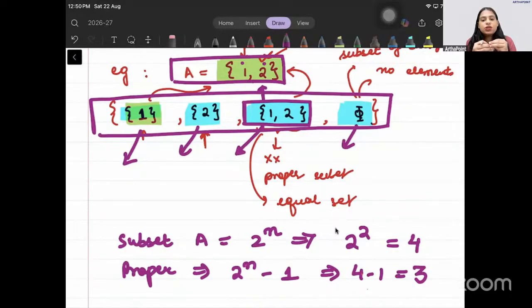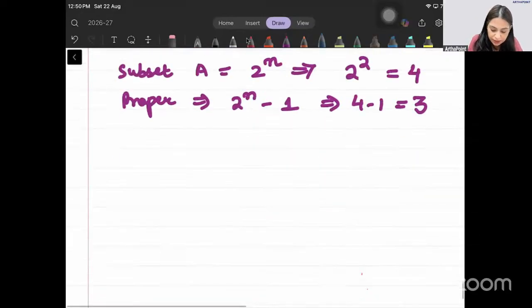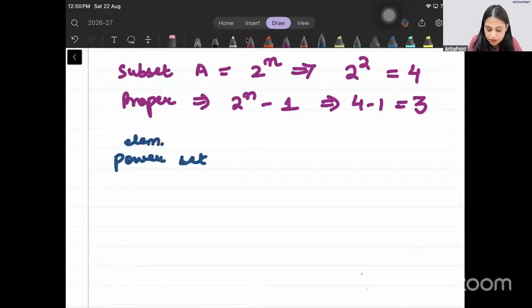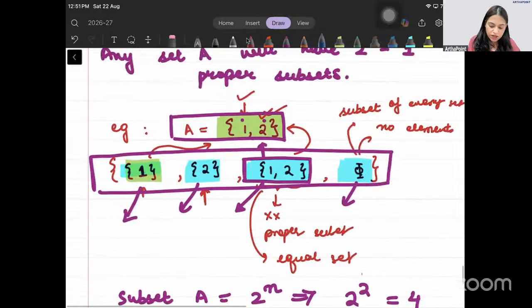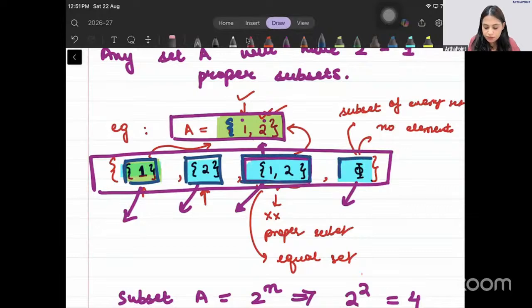So every subset, एक set का जो भी subset बनेगा, all those become the elements of the power set of A. So we are saying that the elements of the power set are nothing but each subset of A. जो भी A के सबसेट्स होंगे, जो भी ये 1, 2 का सबसेट बनेगा, वो सारे सबसेट अपने आप में पावर सेट के एलिमेंट्स होंगे. मेकिंग सेंस?